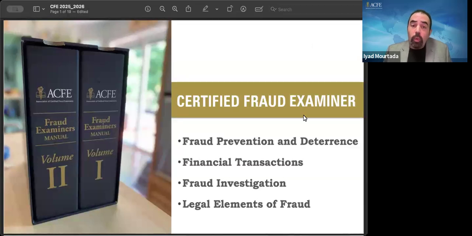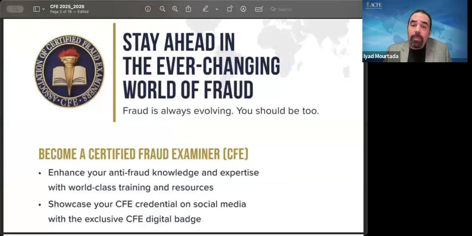Now, someone will say, Iyad, why should we go and take the CFE exam? Everyone attending our classes understands that the CFE exam is the gold standard certification in issues related to fraud examination, fraud investigation, and anti-fraud. Once you have that certificate, that badge, you can demonstrate to your employer, your client, and the profession that you have a basic understanding of all these concepts.